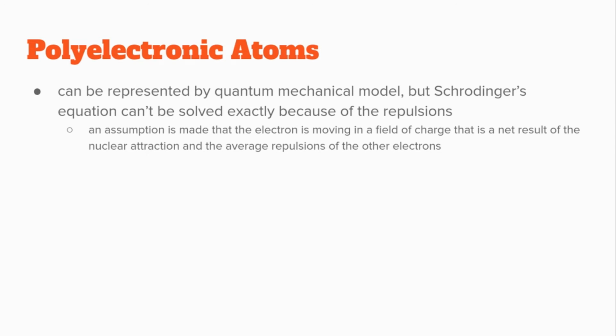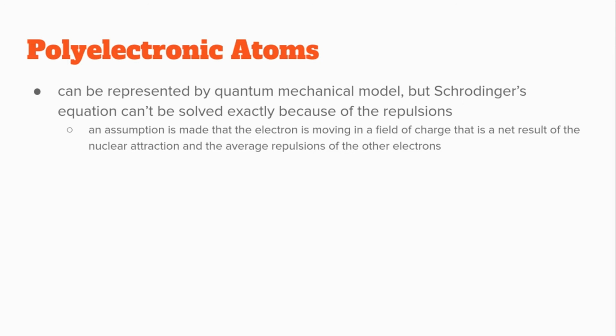So we can represent polyelectronic atoms using the quantum mechanical model. We couldn't do that with the Bohr model. However, we can't solve Schrodinger's equation exactly because of those repulsions.